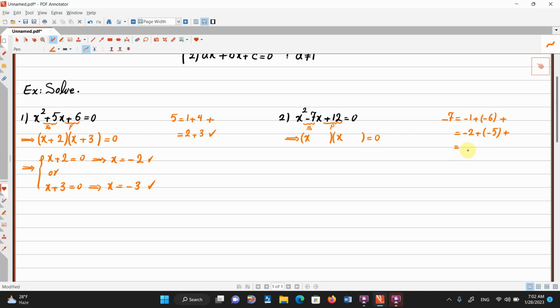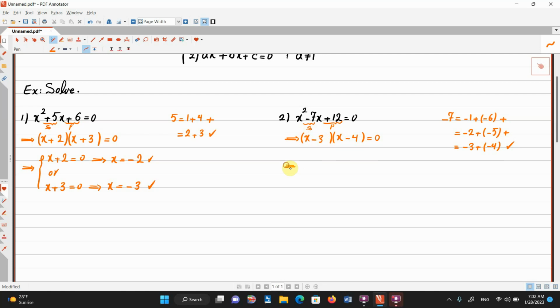Go to the third option, -3 plus -4. As you see, -3 times -4 makes +12. Then this option is acceptable. And using this, we can write here -3 and -4.